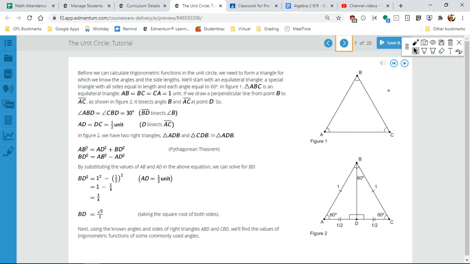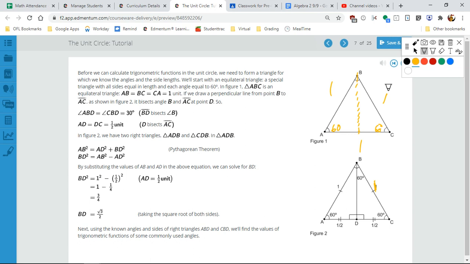They're going to go over the proof of why this works. So if we have an equilateral triangle, this is 60, this is 60. But if we cut this in half, and we assume that all of these have a side of 1, this is still 1.